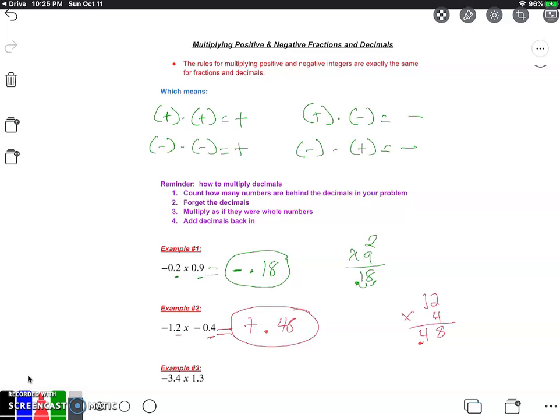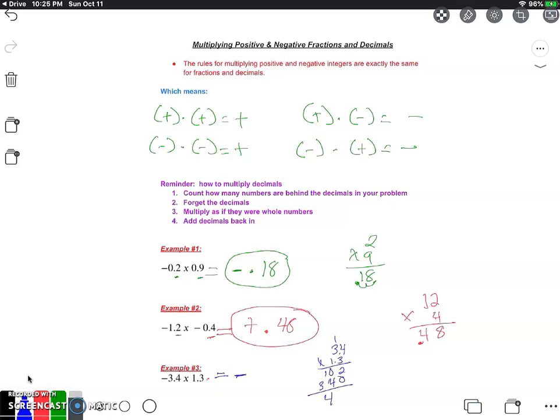All right, and now let's look at example number 3. I have a negative times a positive, so that's going to be a negative for my answer. Now, remember, remove the decimals and multiply. That's 34 times 13. That's 12, 90, 100, 400, 300.